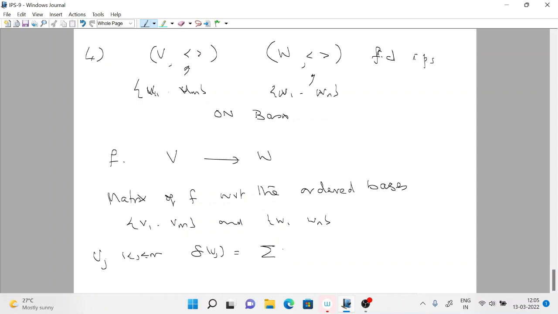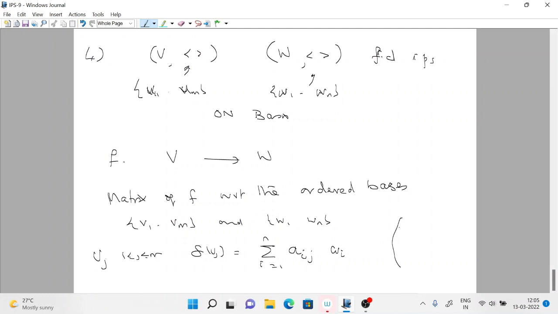This will be a linear combination of the basis vectors wi, therefore it is going to be the sum of aij wi, with i equal to 1 to n. Right?